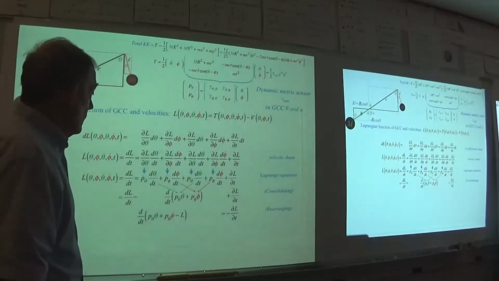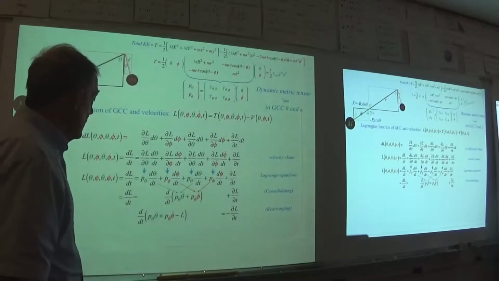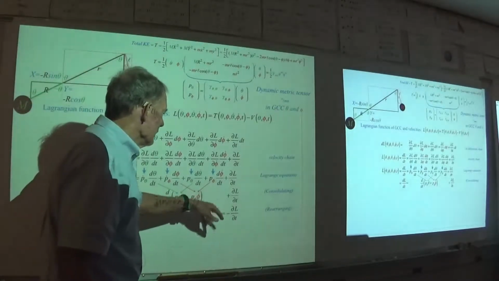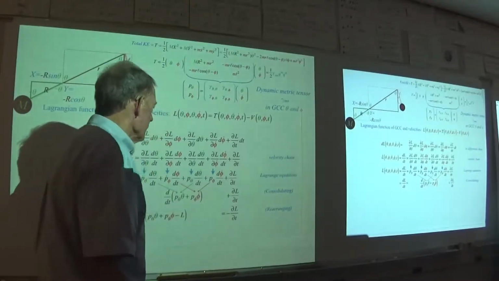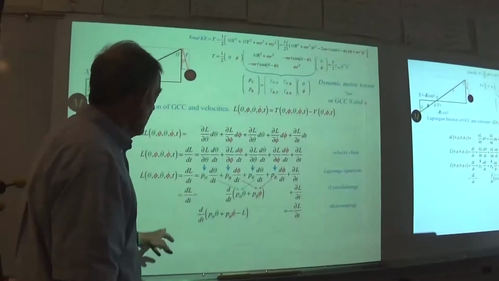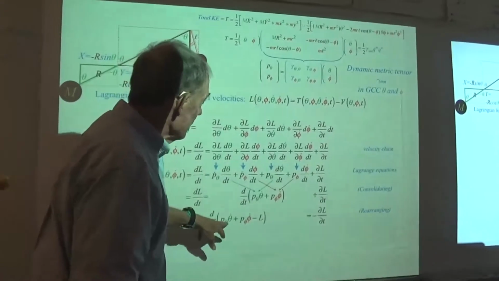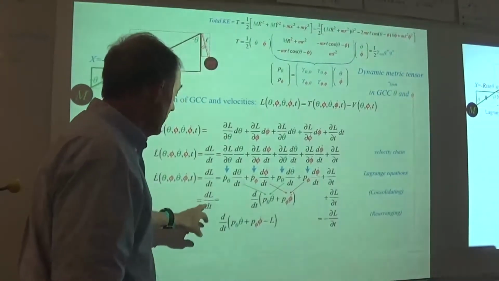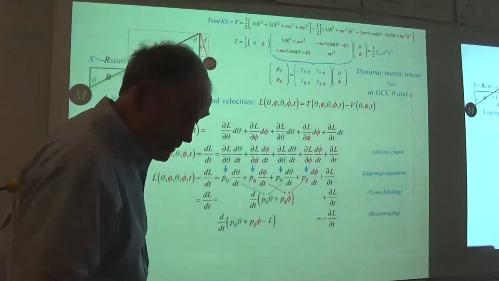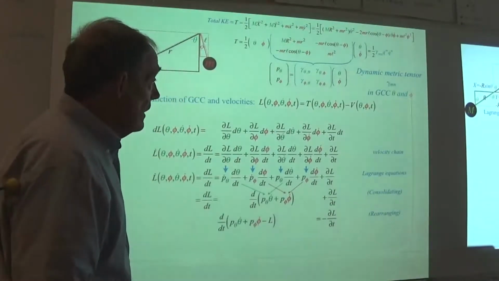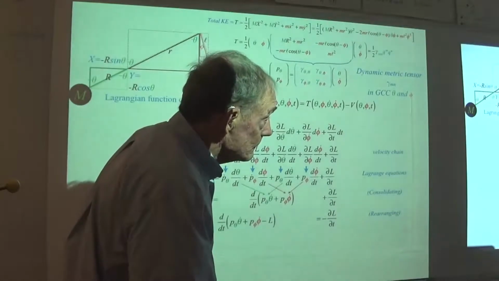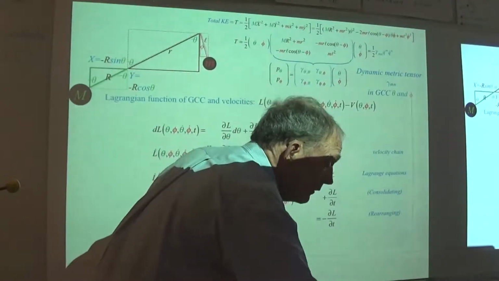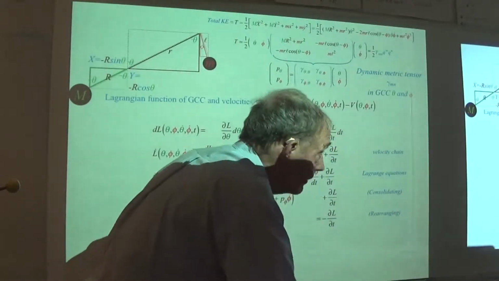So we can rearrange this thing by taking the partial derivative of L with respect to the other side of the equation, and we have a time derivative of this minus L. That's basically taking this thing to the right-hand side, and that is what we've got going here.